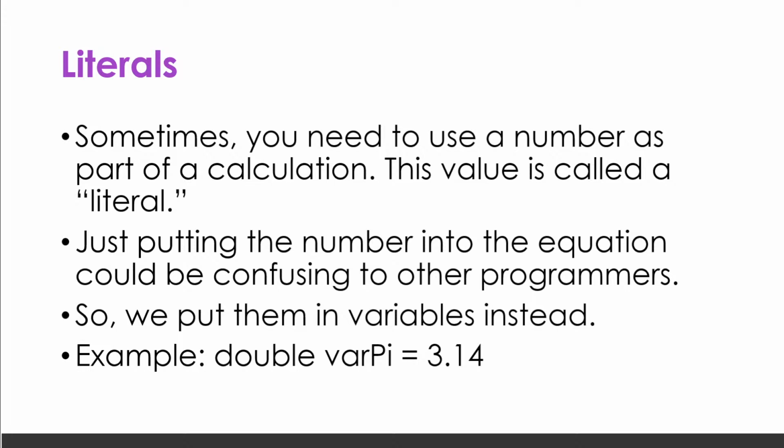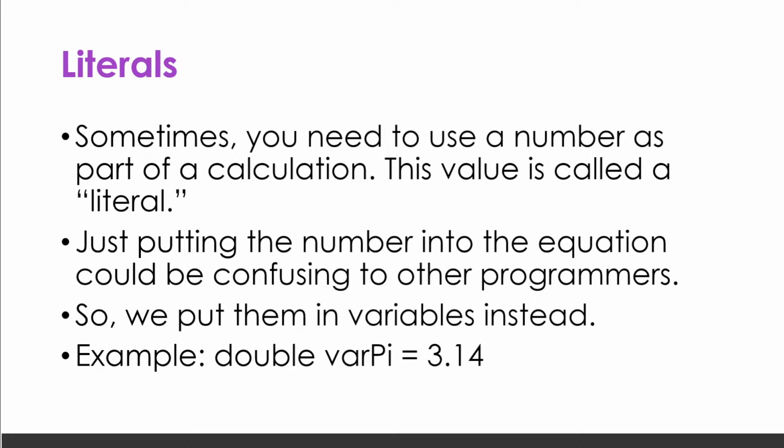Sometimes you just need to use a number value. This is a literal. The value is called a literal, and that's just a number. And so we put them in variables like var pi if we were going to use 3.14 as a pi value, any sort of variable that we would want to be a constant.